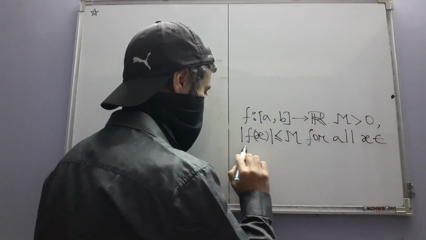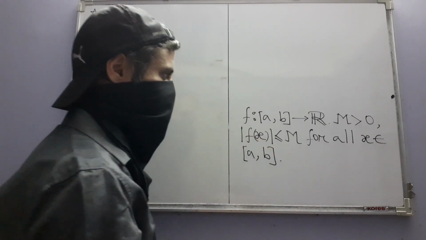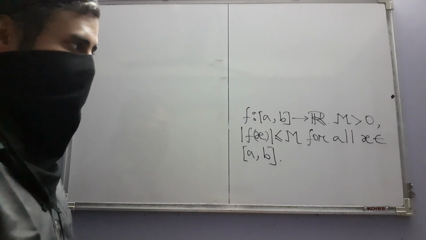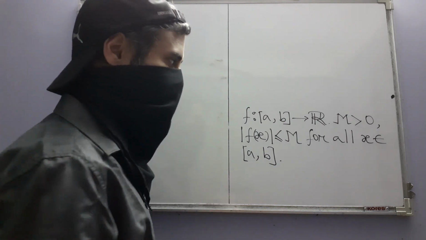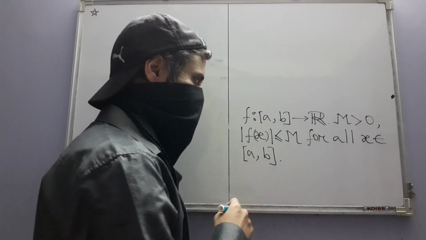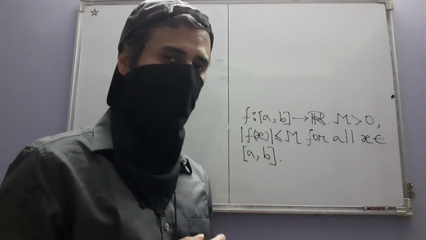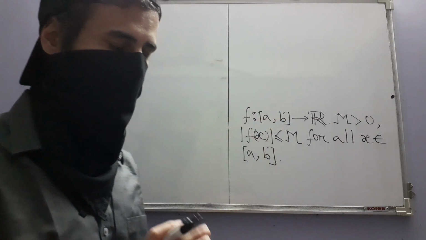That's what we mean by f being bounded. And today we are going to strengthen this result by showing that not just this is true, but additionally f actually assumes a maximum value and a minimum value inside this domain itself somewhere.